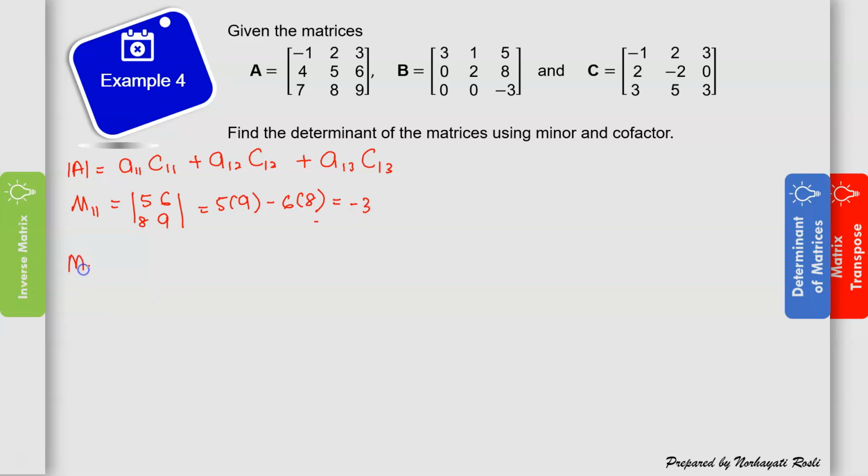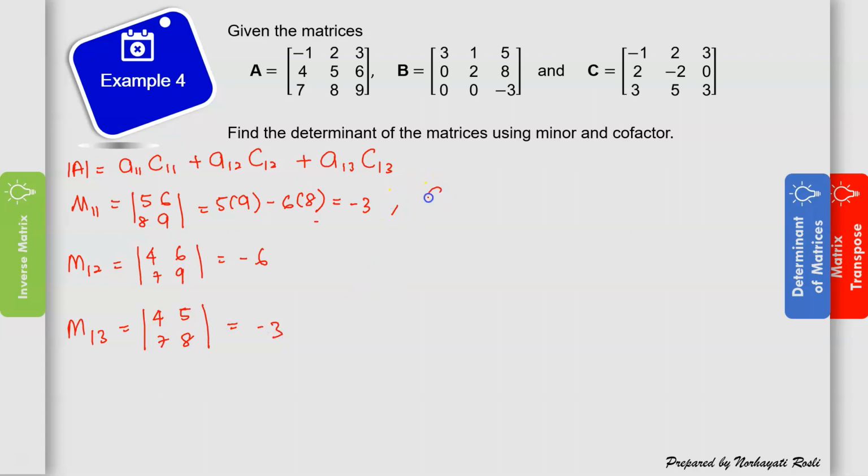And then M12 equals the determinant where the first row is closed and the second column is closed, so we have only the elements 4, 6, 7, 9. When we solve this one, we get the answer negative 6. And then for M13, we have the determinant of 4, 5, 7, 8. This one, the answer is negative 3.